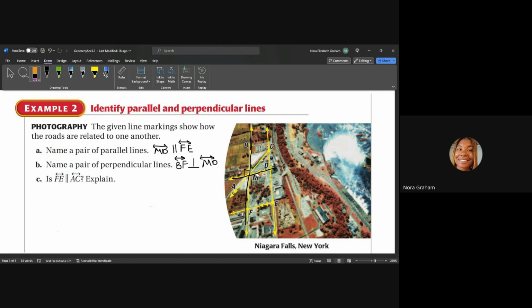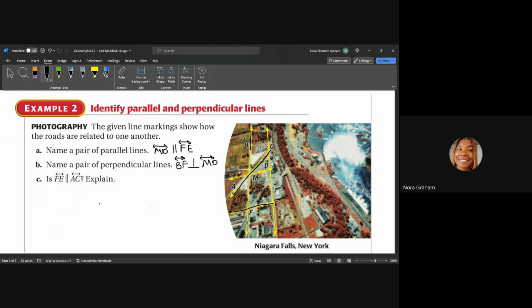Clean up our image a little bit. For C, it's asking us a question. Is the line FE, FE is right here, perpendicular, that's our annotation for perpendicular, to AC? And it says explain.